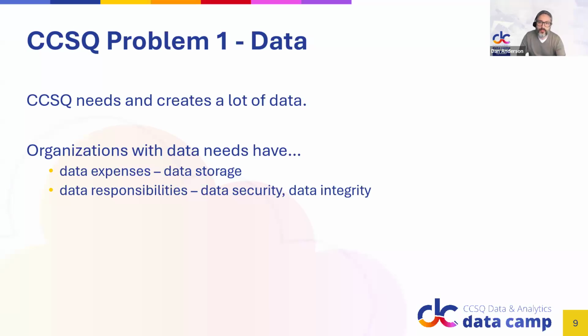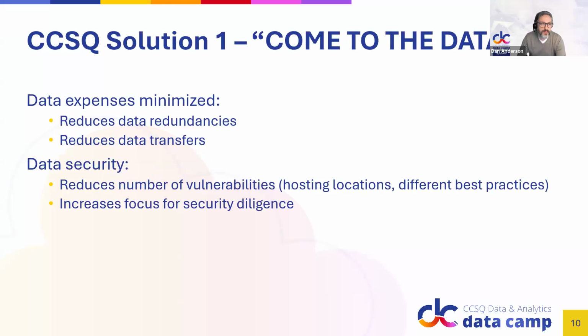So the thought for the solution for this is, well, how about we host the data in one location? That way we've reduced the expenses of data redundancies and data transfer processing, and also can improve our data security by reducing the number of vulnerabilities, such as different hosting locations or different best practices, and also increase our focus for security diligence.